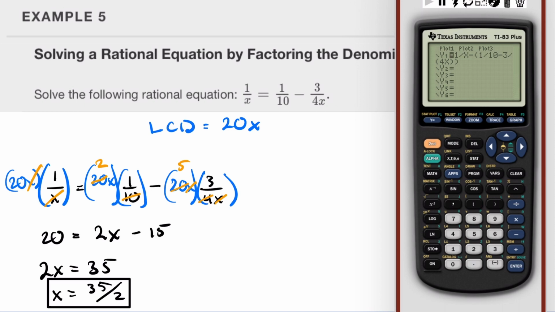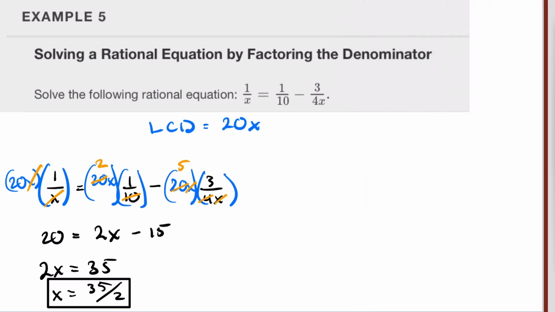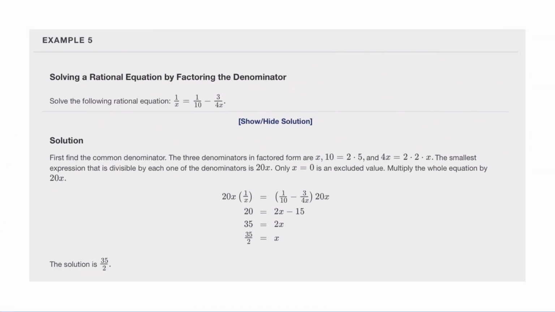Now if we let this be our value of x, 35 over 2, then the result should be 0. That's about the best that we can do there, and you see the 35 over 2.